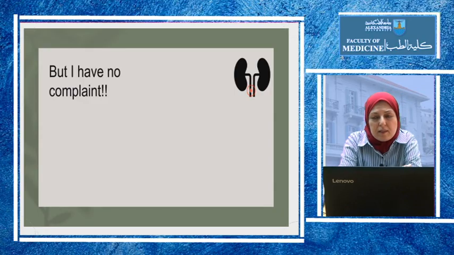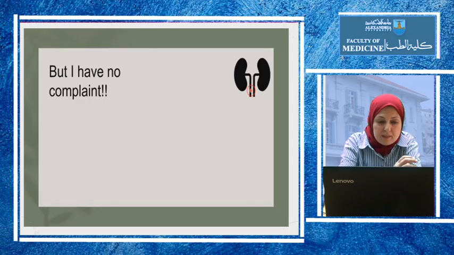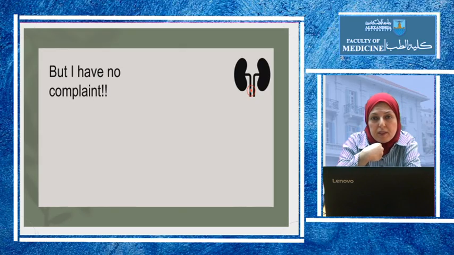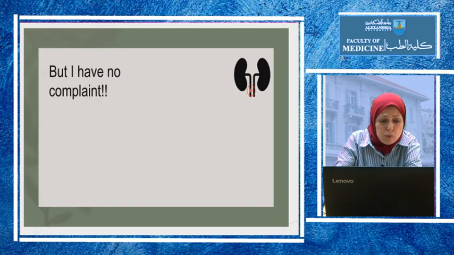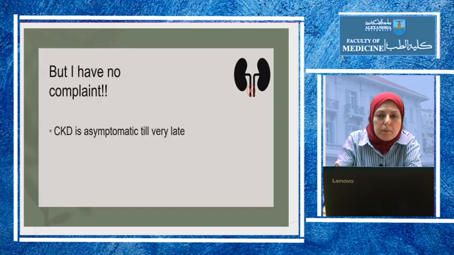When patients discover that they have elevated renal function, their first comment is, but I have no complaints. They think that maybe they'll have a loin pain, they'll have dysuria, they'll have change in urine, but for them there are no actual complaints that they can attribute to the chronic kidney disease.